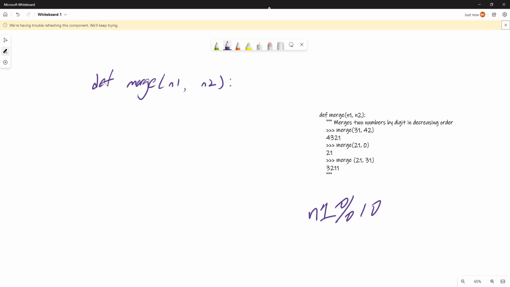But it must be an integer. If it's a floating point value, it's hard. I don't recommend you use this technique for those, but this question is not quite crazy. They're all integers.